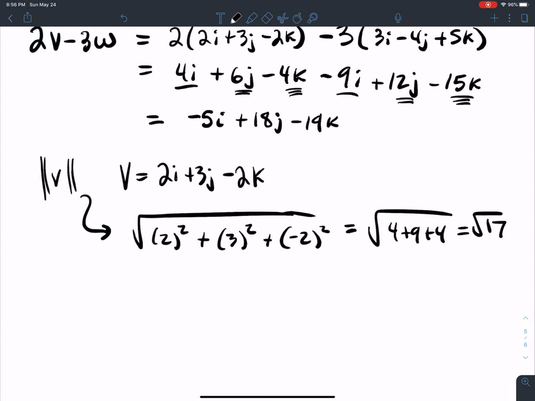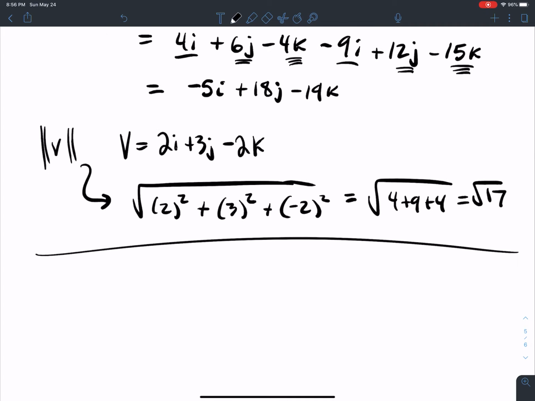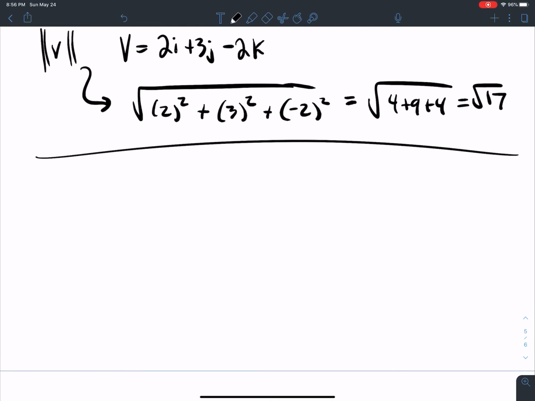Okay. Now recall the unit vector. A unit vector has a modulus, or I keep saying modulus, let me call it the magnitude. So the unit vector u has a magnitude equal to 1.